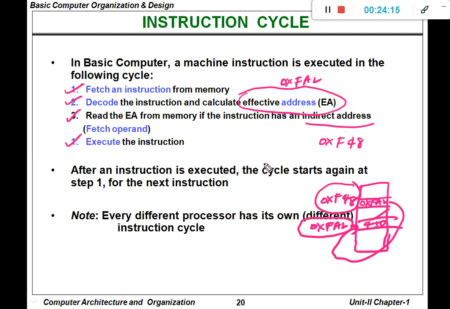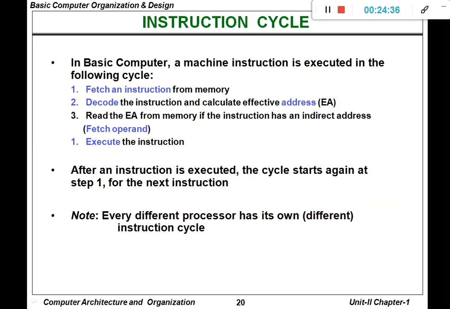This is the instruction cycle. Fetch the instruction, decode the instruction and calculate the effective address, read the effective address from memory if the instruction has an indirect address, and then fetch the operand and execute the instruction. These are the 4 different operations we need to perform for the instruction cycle.